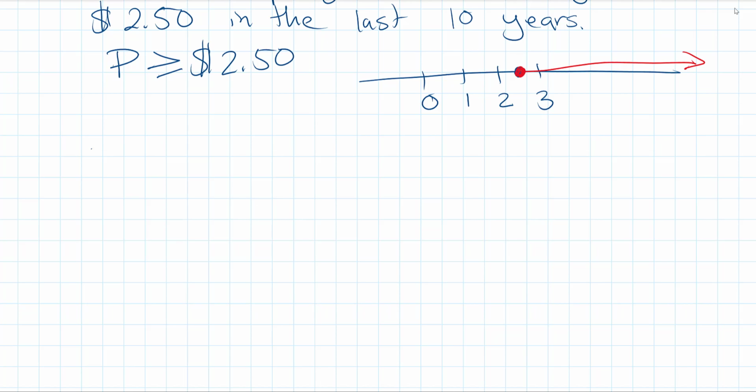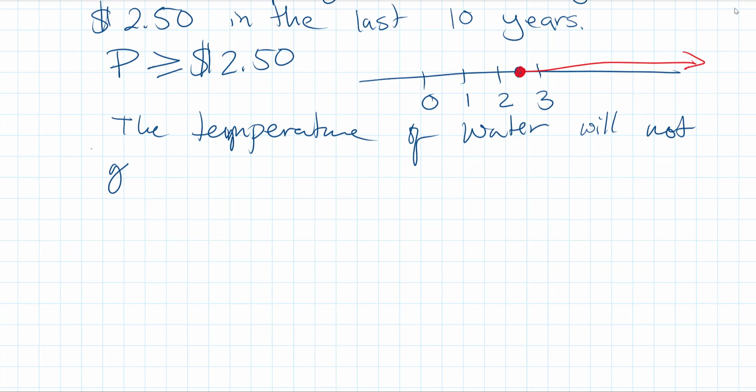We can say that the temperature of water in its fluid form will not go above 100 degrees Celsius, the temperature at which it boils, right? So we know that if we want water in its fluid form, it will never go above 100 degrees Celsius, otherwise it will turn into vapor.